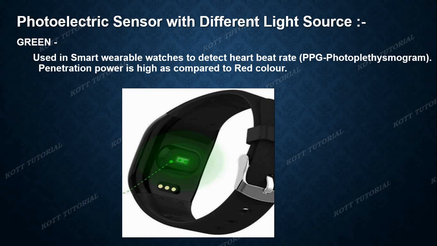We can hardly find this type of sensor in our industrial application. These types of sensors are not used for industrial application mostly. It's only used in some kinds of wearable devices.